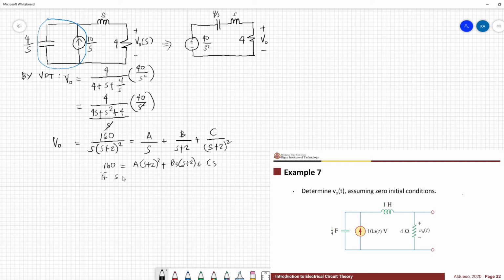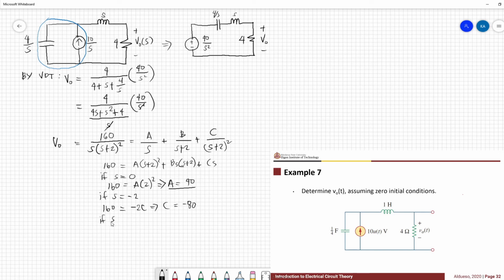Now, if we let s equal to 0, we can solve for the value of A, which is 40. If we let s be equal to negative 2, we can solve for the value of C. C is negative 80.